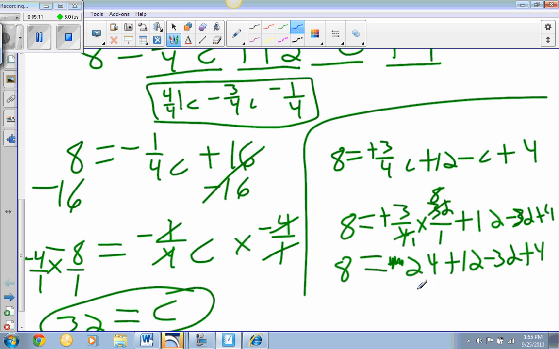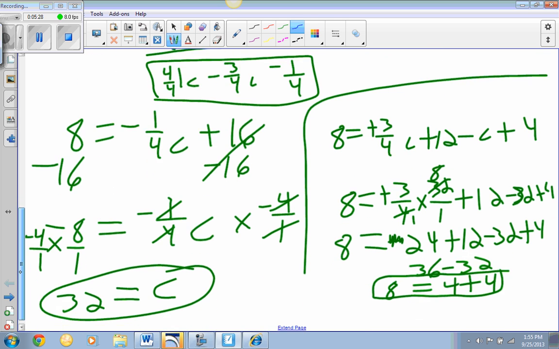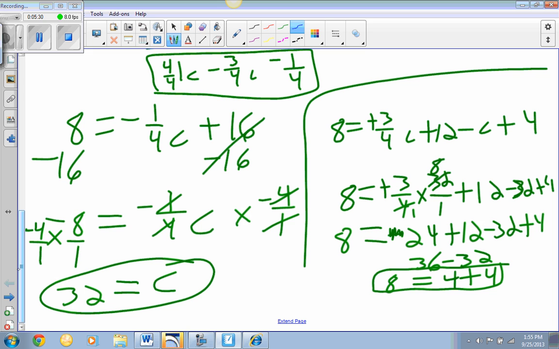So 24 plus 12 is 36. Minus 32 would be 4. 4 plus 4 equals 8. So it does work. See, the original problem had 3/4, and when I recopied it, I put a negative in there. But it does work. Okay, so 32 is the answer.